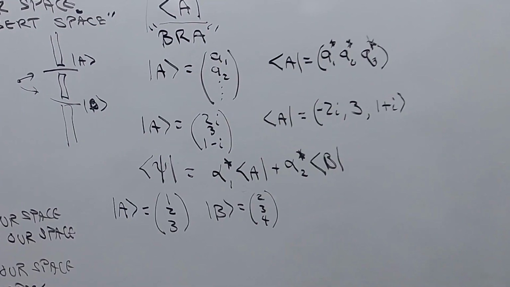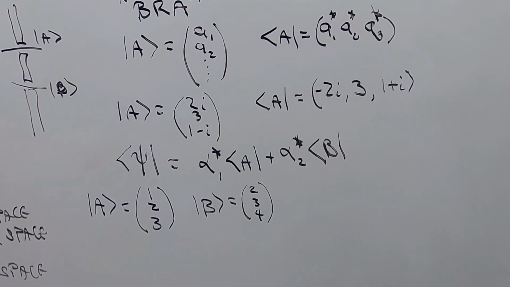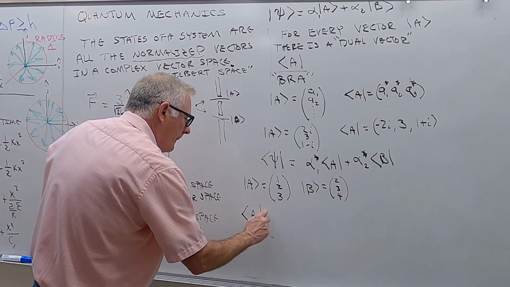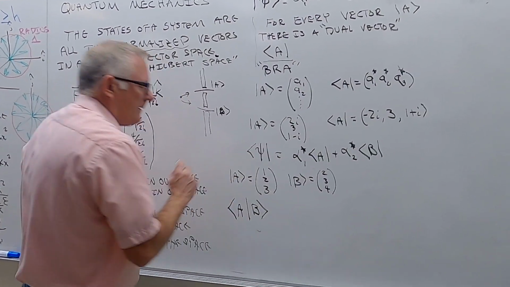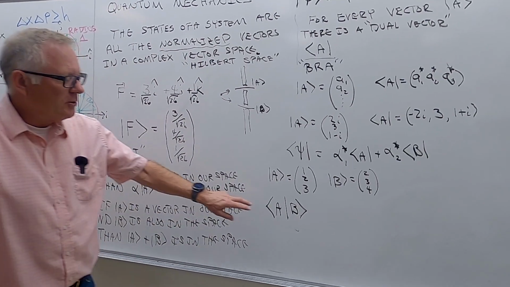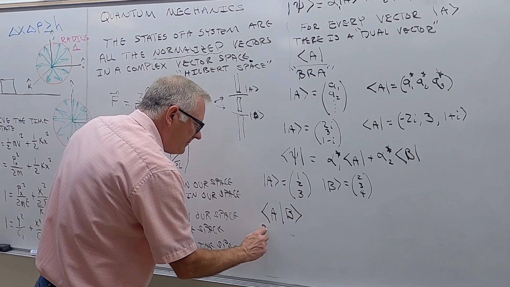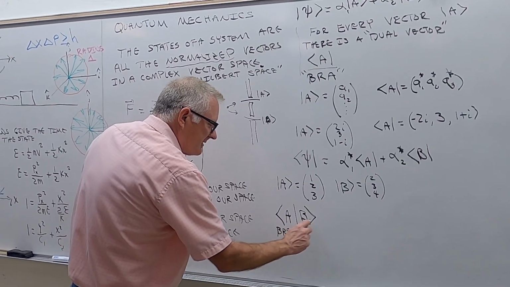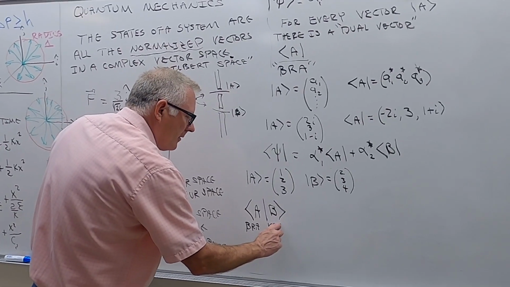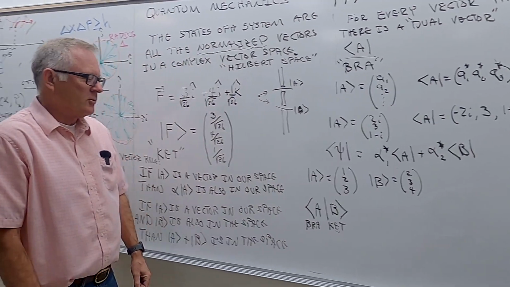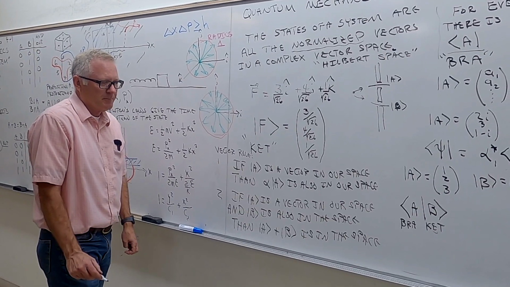Now I ask, what is bra A ket B? These two pair up a lot. Why? What is this called? This is called the bra. This is called the ket. Put together, what does that make? It makes a bracket. So that's where the name bra and ket come from.